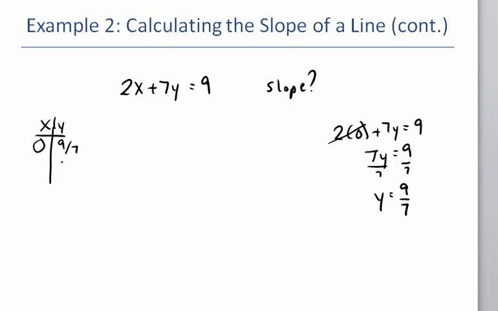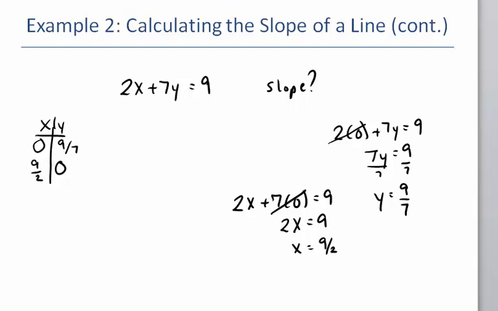If we let the y value equal 0, we would write our equation 2x plus 7 times 0 is equal to 9. The 7 times 0 would cancel, leaving me 2x is equal to 9. Dividing both sides by 2, we would see that the x value is 9/2.